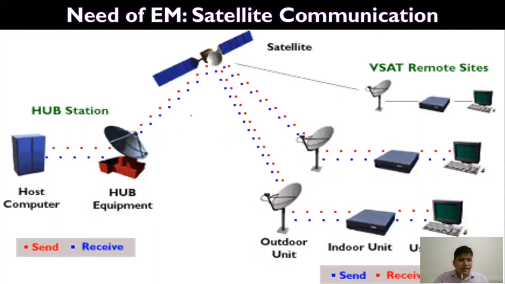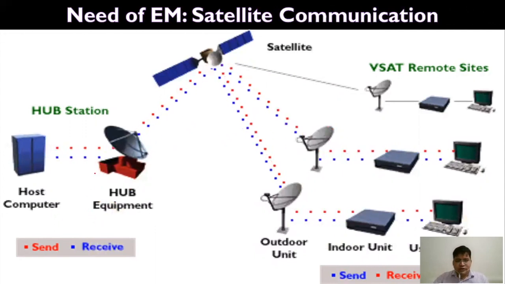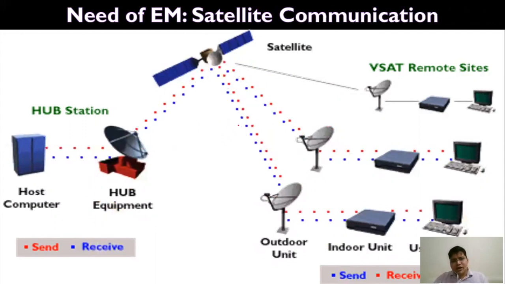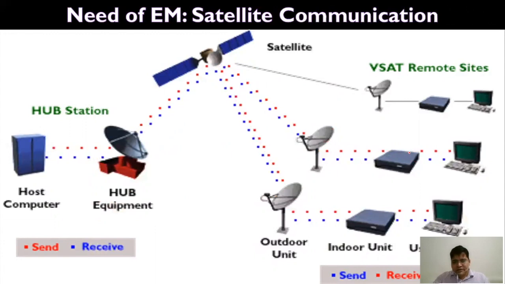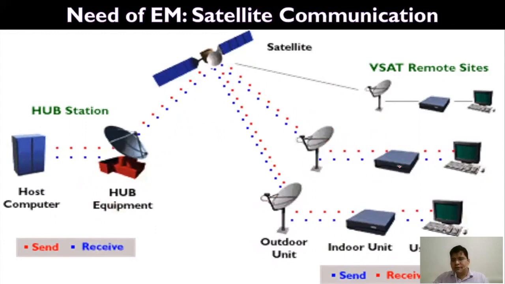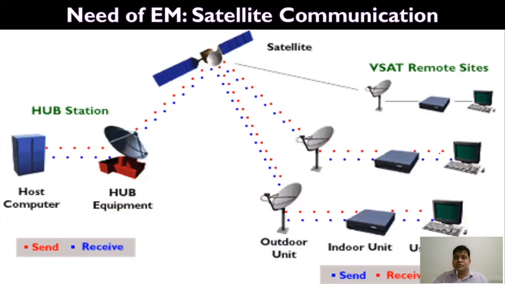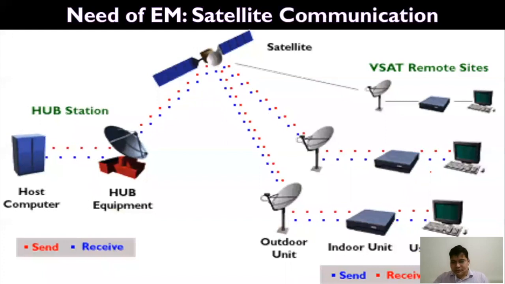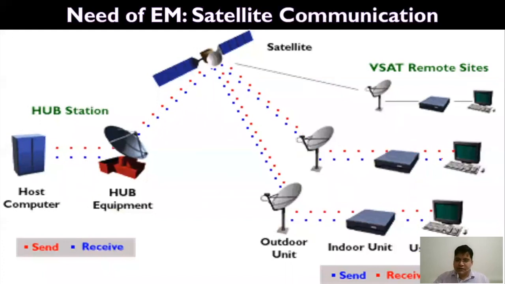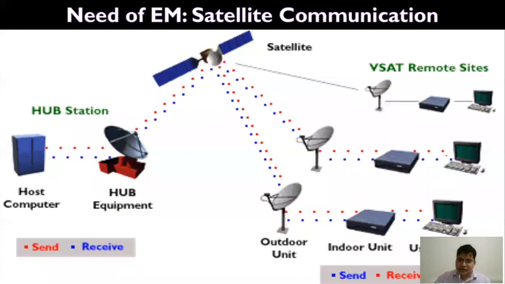We are sending or receiving the signals from one hub, and we are again broadcasting those signals, and that is being sent by these indoor units, and we can call it the Wi-Fi router, towards our computers, laptops.